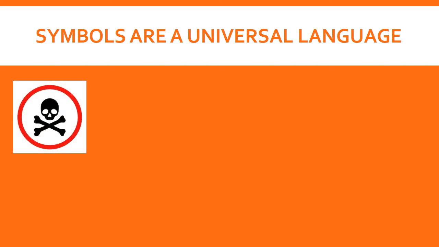What is this? When we see a skull and crossbones, that is not good. That means danger. The pirates used the skull and crossbones on their flag because they wanted to communicate to you that they are dangerous.